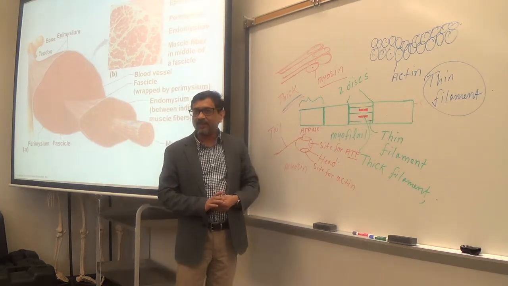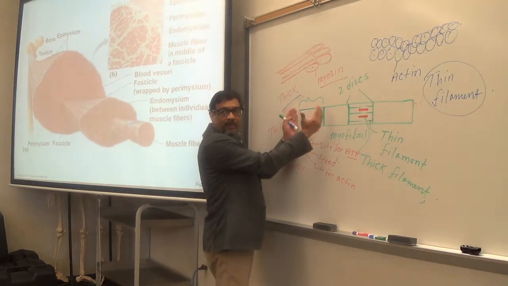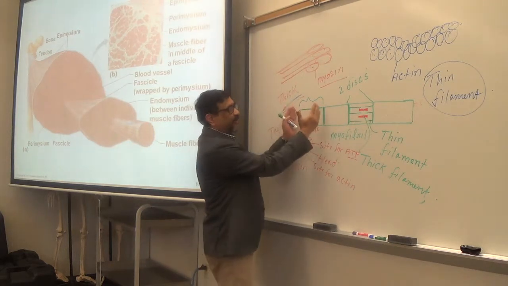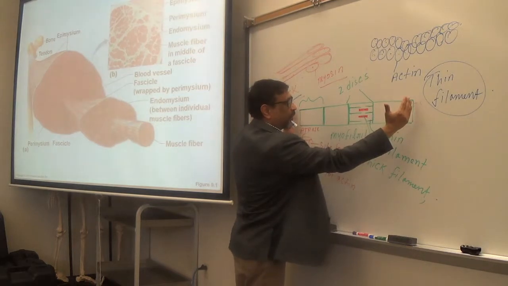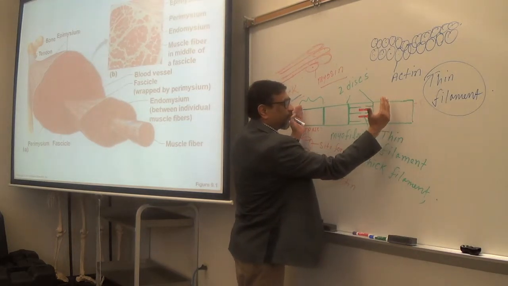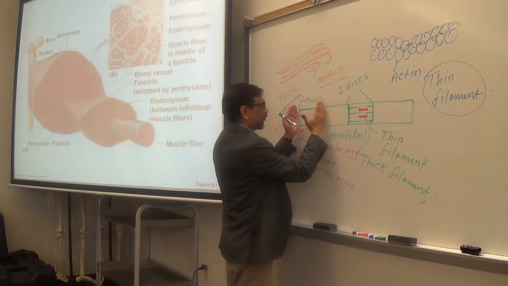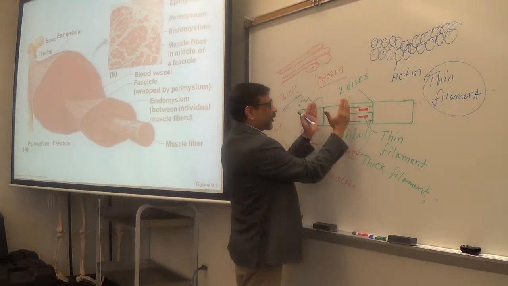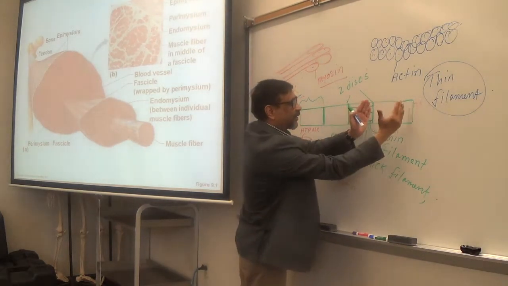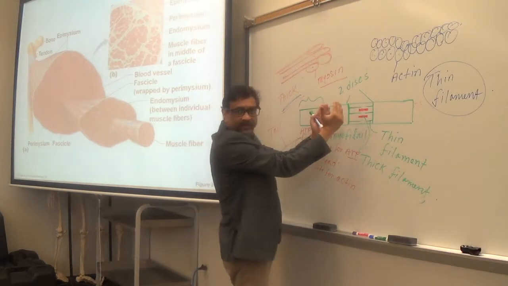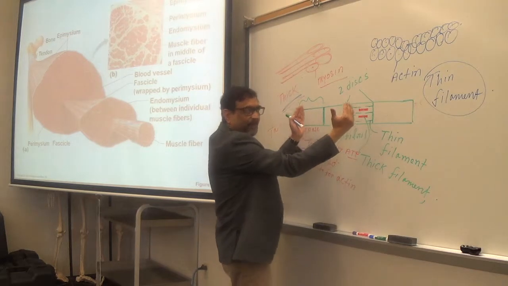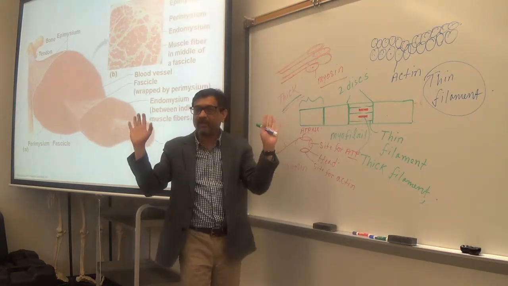What happens, you see, when muscle contraction starts, this sarcomere within the myofibril, all these sarcomeres get shorter at the same time. So this one will get shorter like this, like this, like this. So Z discs come closer to each other. Make sense?